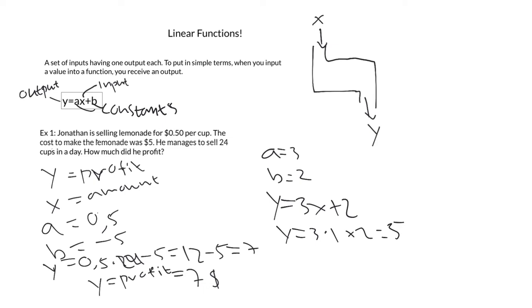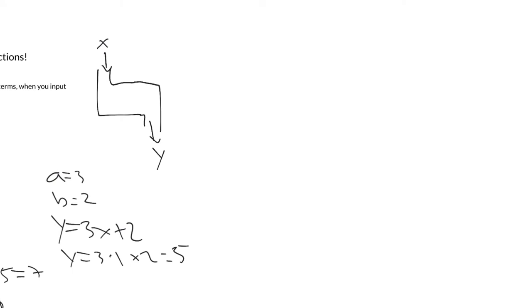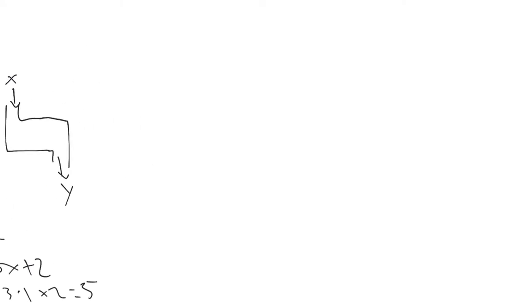So let's look at the same problem, but this time, however, we're going to reverse it a bit. This time we want to figure out how many cups he has to sell to earn $15. So we firstly have to set up a function for which y equals 15 as well.